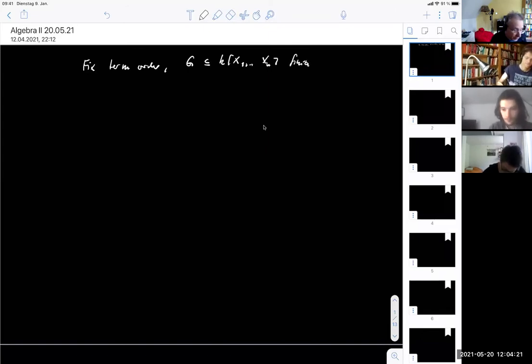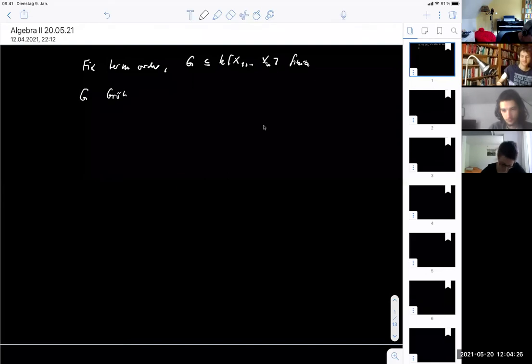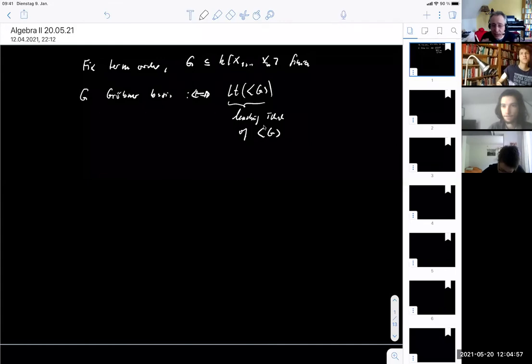So I recall the definition of Gröbner basis. So what does it mean for G to be a Gröbner basis? The definition was as follows. We are interested in the so-called leading ideal, which I denoted with LT, of the ideal generated by G. So I recall, for any non-zero element in this ideal, you take the leading term.